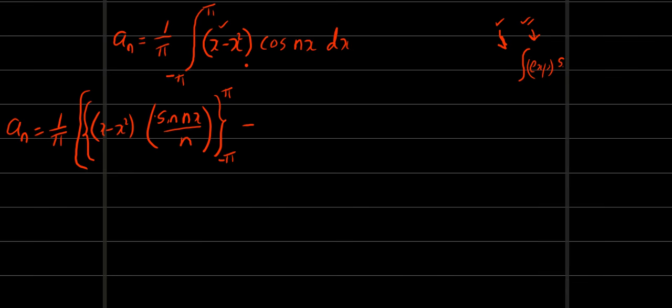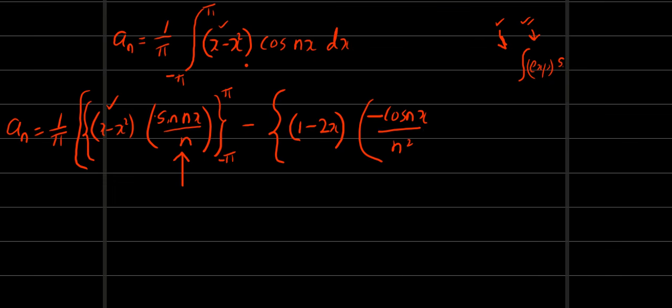And then minus inside another bracket. Okay, so tell me what is the derivative of x minus x square? 1 minus 2x. And now tell me what will happen if you integrate this. Okay, we are going to get minus cos nx by n square. And that will be within the limits minus pi to pi.